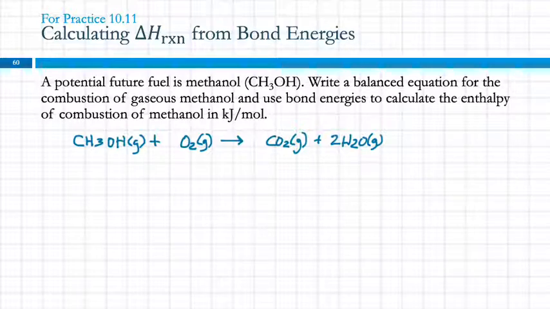So I have two options. I could use a fractional coefficient, or I can double everything. The thing with doubling everything is I'm trying to calculate the amount of energy for 1 mole of this. So what I did yesterday in my lecture is I doubled everything, and then later we divided it in half. So I'm going to do the other thing here.